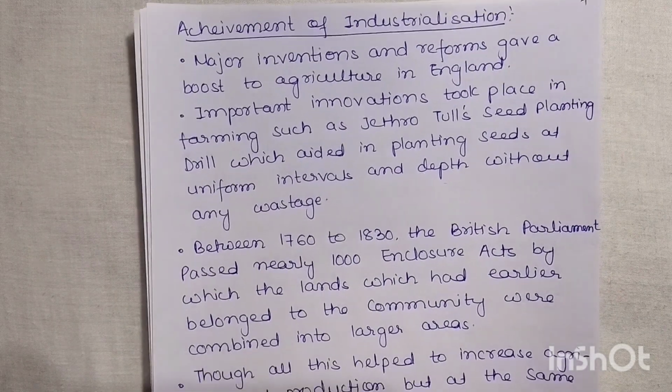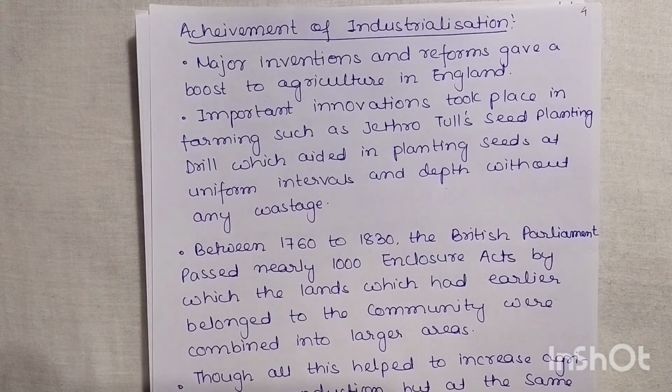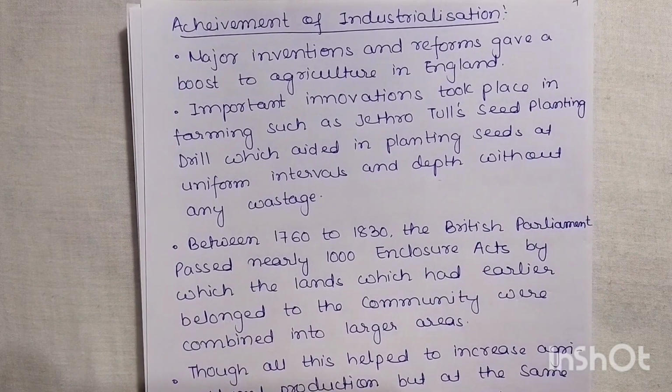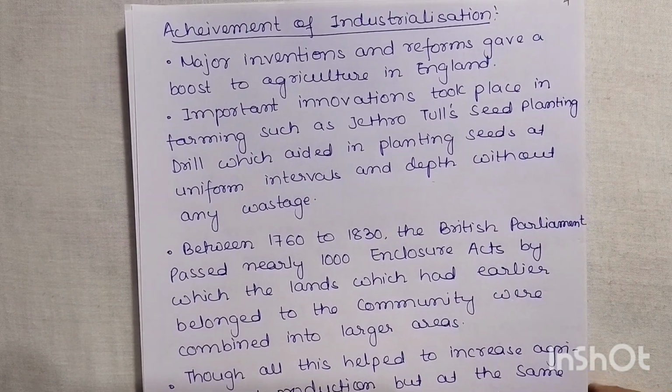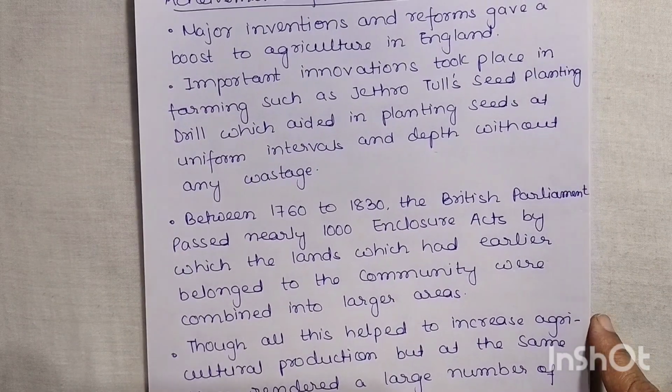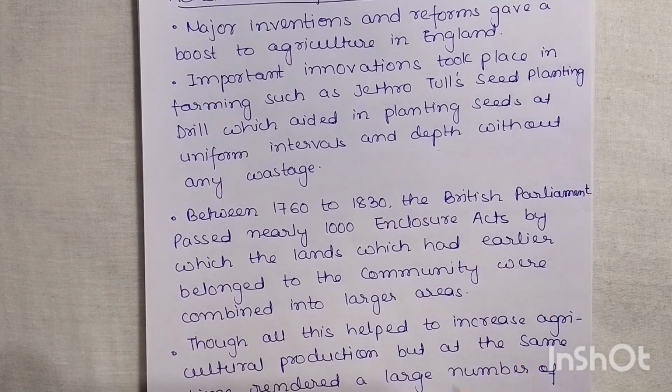So it is not time consuming either; in very little time you can do a lot of work. Due to this, agriculture was going in a very good way. Now hand work has been transformed to machine work.